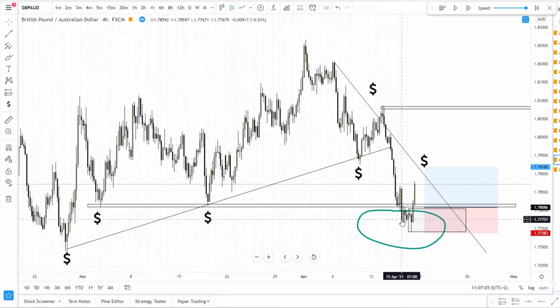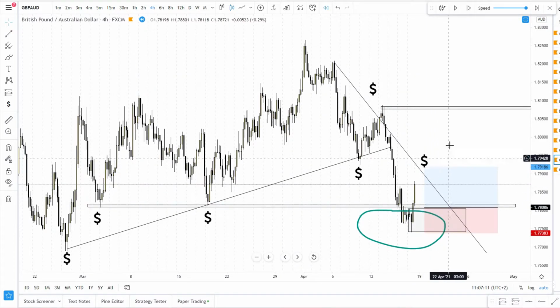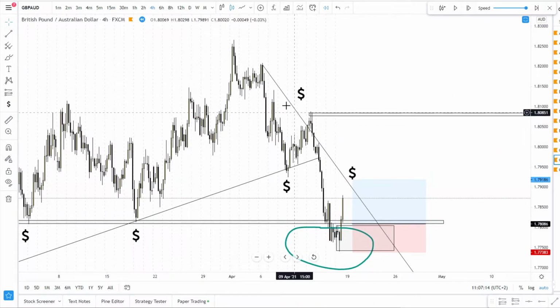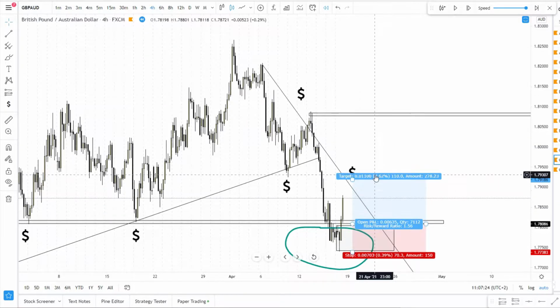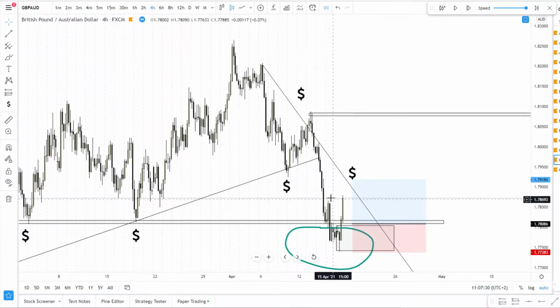So what possibly can happen is we go up, break this, then make a pullback and continue up. Why? Because we have here some trend line. As you can see, one touch, second touch, you may say third touch. At this point I was expecting exactly that we will reject from this trend line, and that's why I have this pending order, because we already broke the latest market structure.